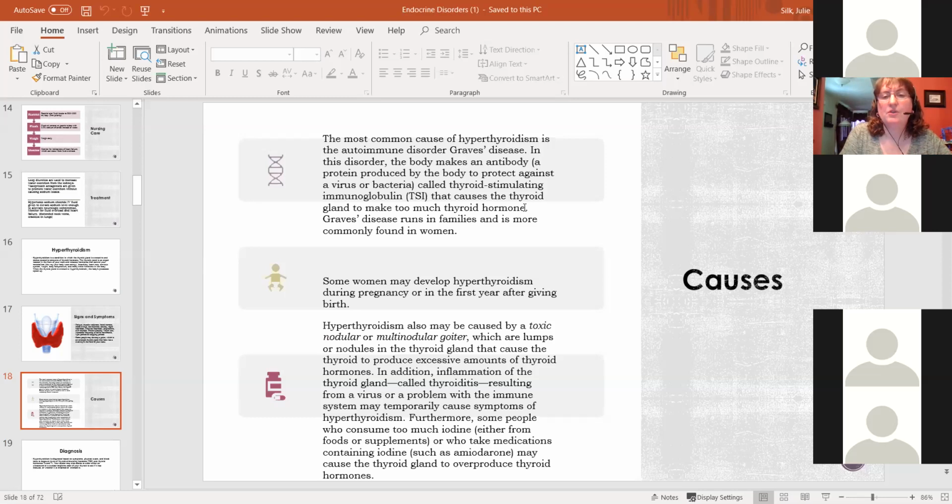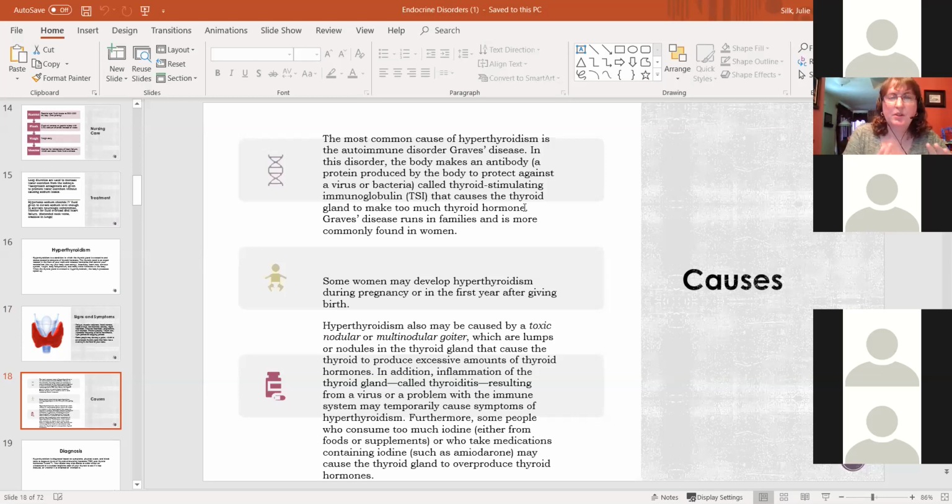Graves' disease runs in families and is more commonly found in women. It's an autoimmune condition that leads to hyperthyroidism. Again, that's your most common cause.